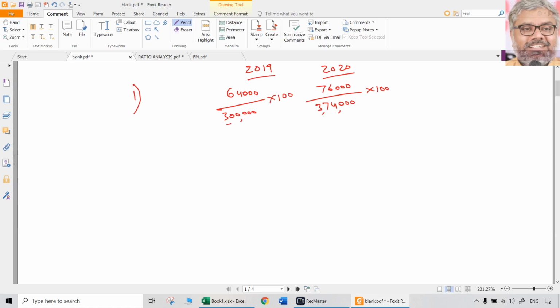So how much is the gross profit ratio in 2019? 64 by 300 multiplied with 100. It is approximately 21.33%. In 2020, 76,000 divided by 3,74,000 into 100.